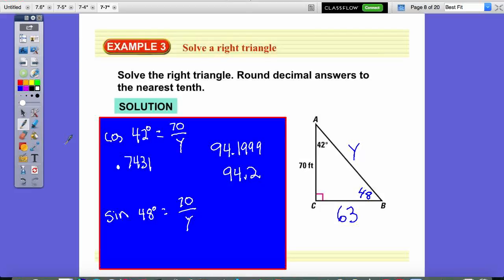So the sine of 48 is 0.7431. 70 divided by 0.7431 is 94.19999. So 94.2. And that's what it means to solve a right triangle.